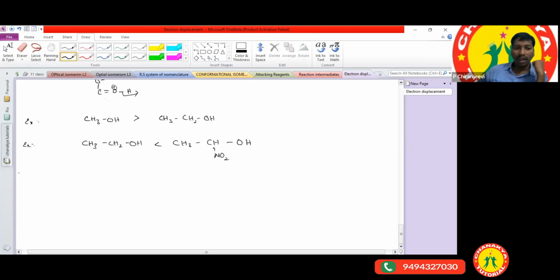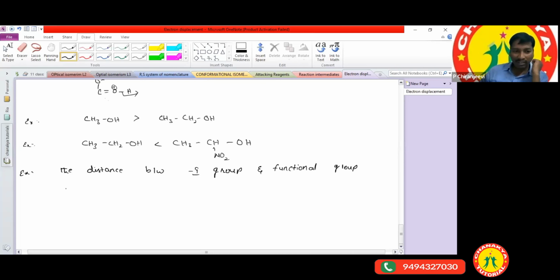And here one more condition is there. The other condition is the distance between the minus I group and the functional group.